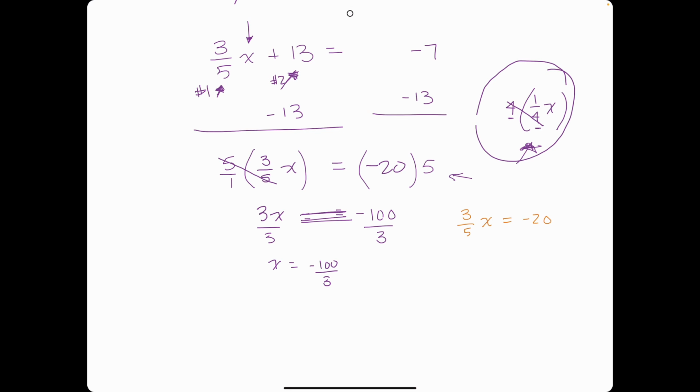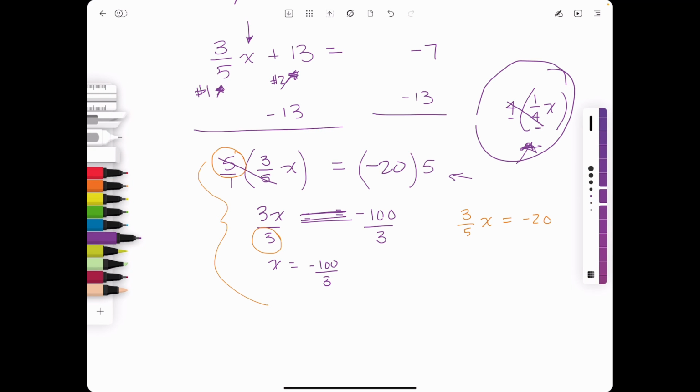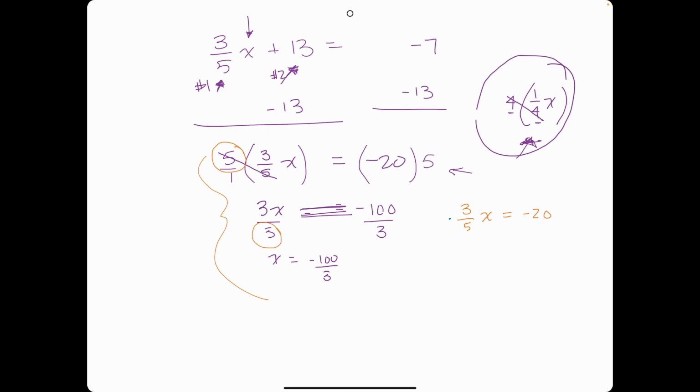If I look at all that we did here, I multiplied by 5, but I also then divided by 3, right? What if I do that in one step by saying, we'll do this one times 5, but also divide by 3? What happens? The fraction goes away. The fraction goes away, yes.